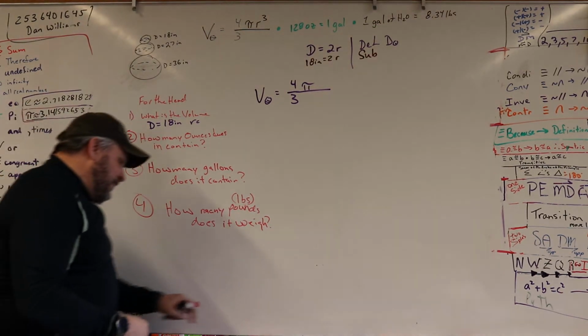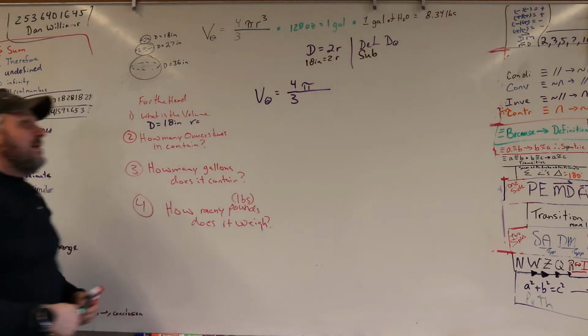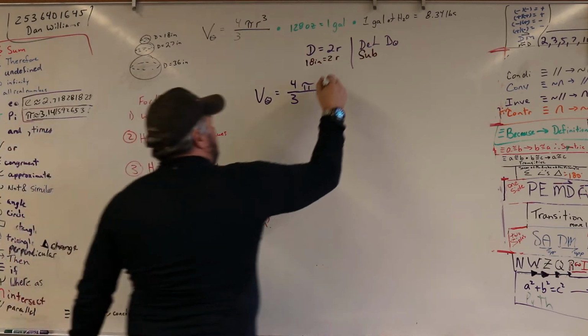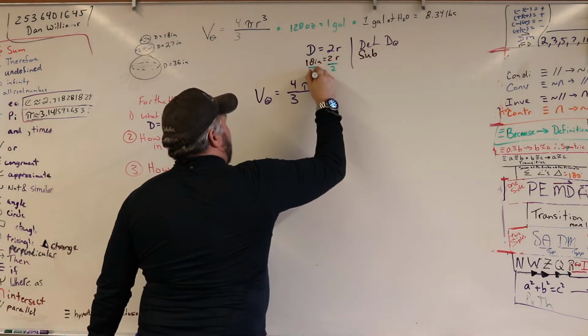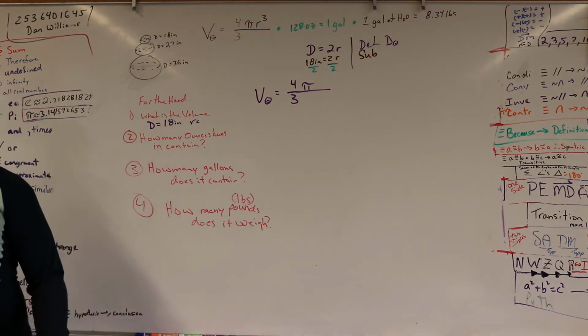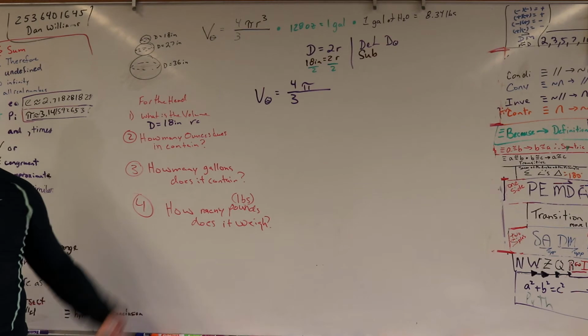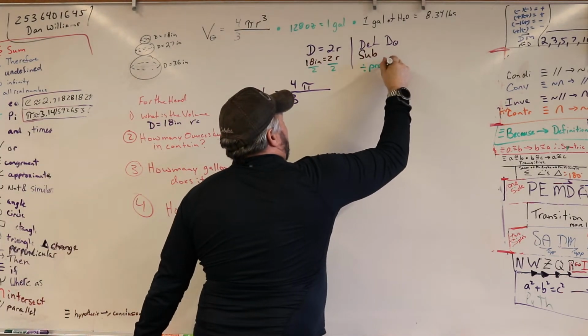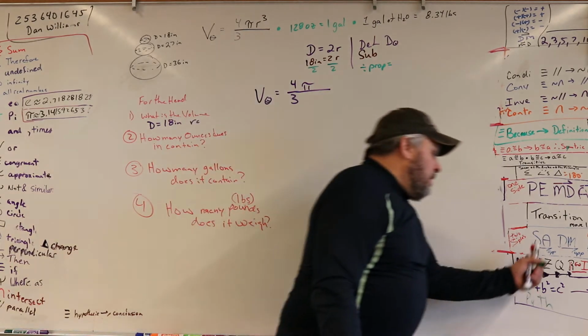We're going to divide 18 by 2 to get R alone. What property did we use to do that? Division, exactly. The division property of equality, because we did it on both sides.